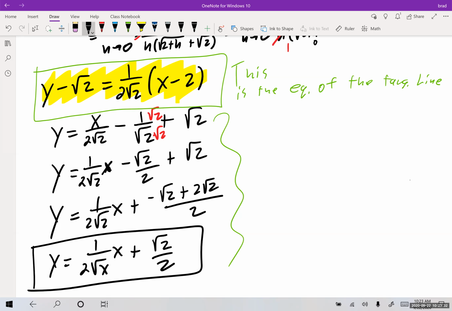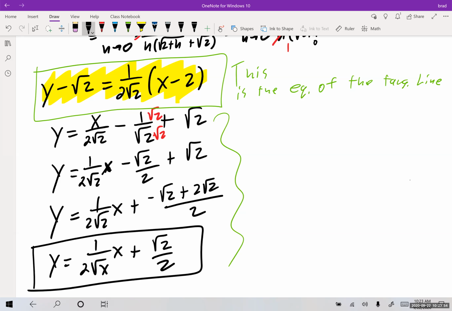Okay, so let's see here. Something I like to do, by the way, is a more general form of this. So this is the derivative at a specific point.